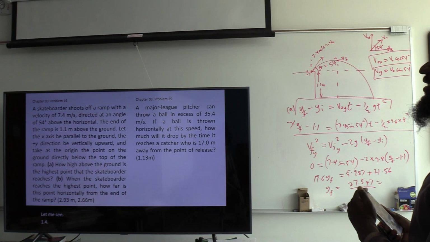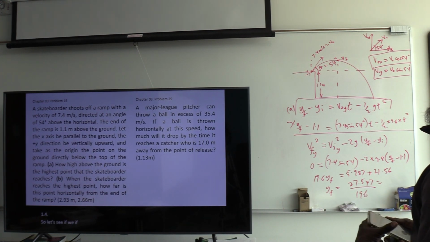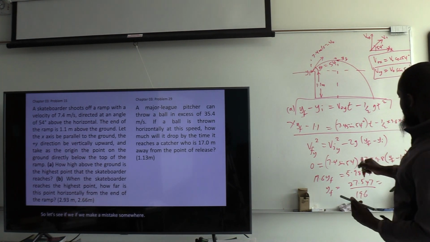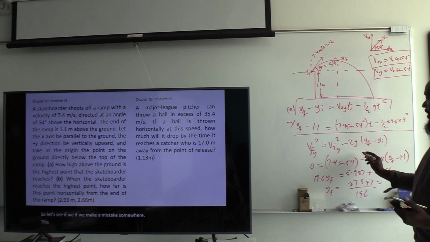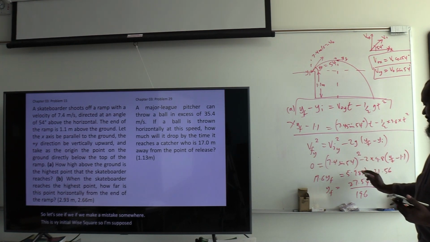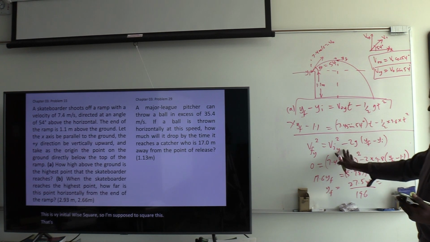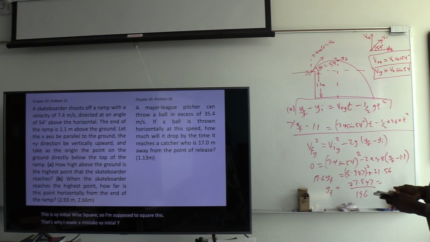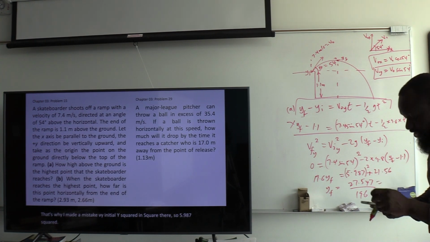Huh. So let's see if we made a mistake somewhere. Oh, this is v initial y squared, so I'm supposed to square this. That's why I made a mistake. I didn't square that. So 5.987 squared, see why I have the answers to cross-check?